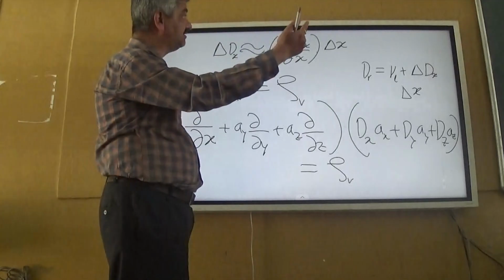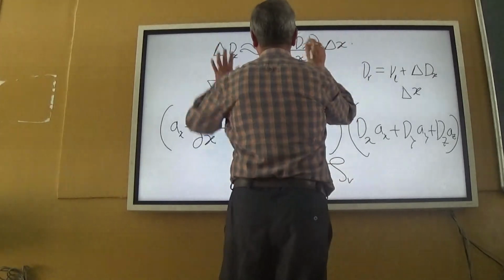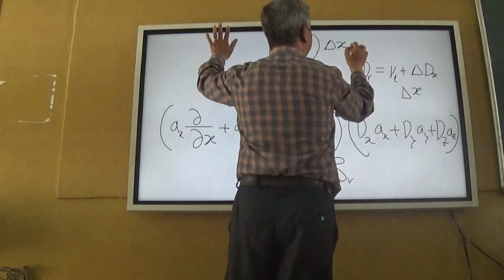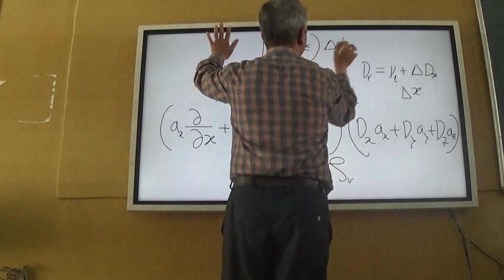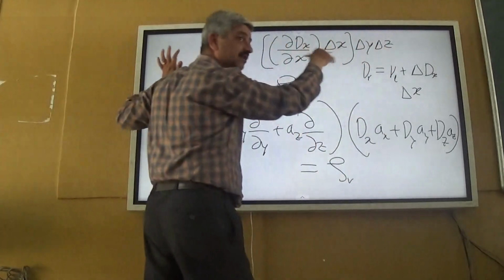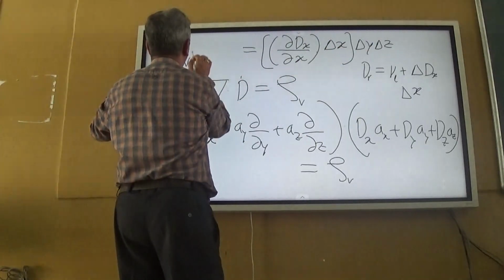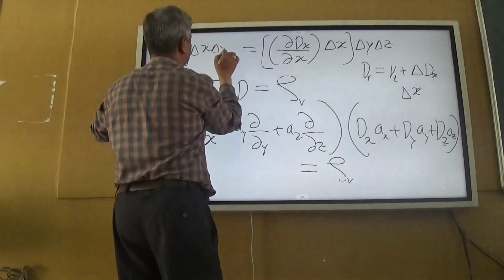So what you had in the term, this was added, and plus already we had delta y delta z. So similar terms are added everywhere. On the left hand side we had rho v delta x delta y delta z.